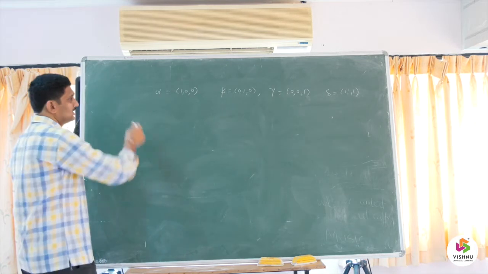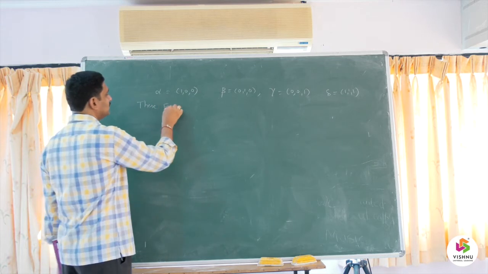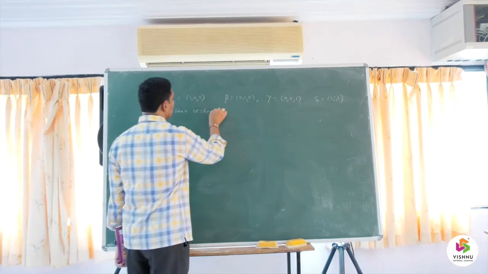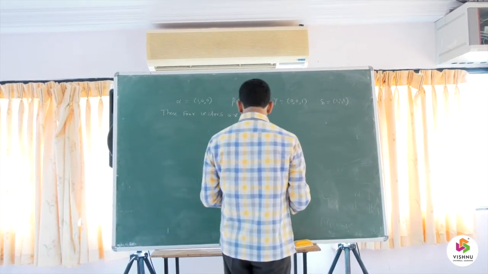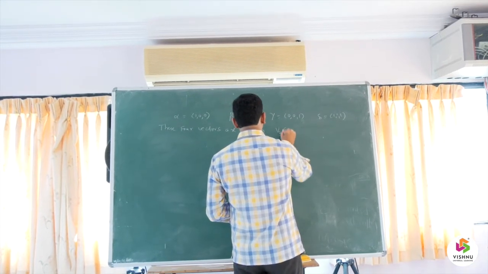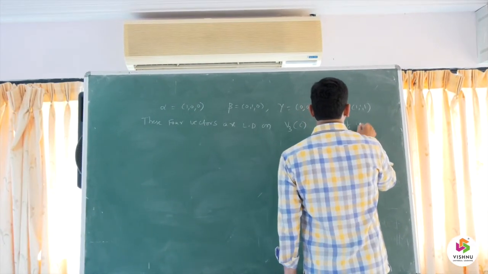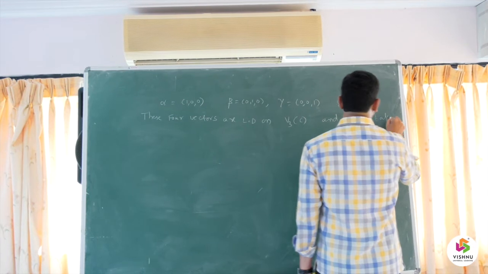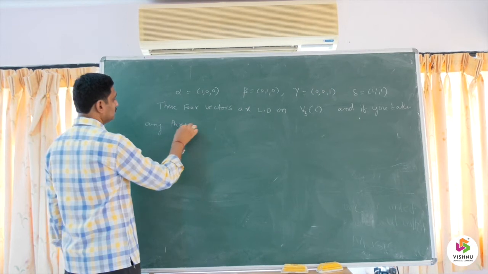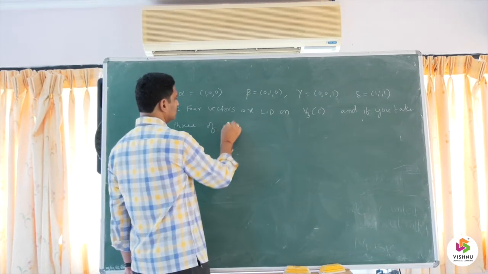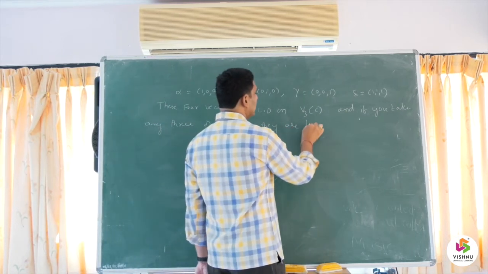My intention is, if I take the 4 vectors, these 4 vectors are linearly dependent on the vector space V3 of C, and if you take any 3 of them, then they are linearly independent.